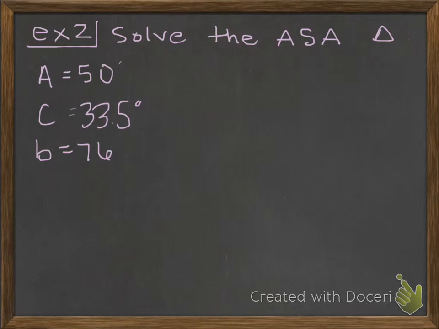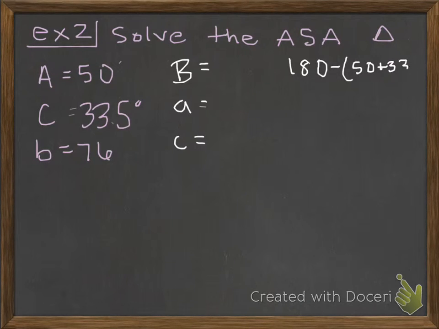So the information that's missing this time is I don't know angle B, I don't know side A, and I don't know side C. So before I can even use the sine proportion, I need to find a matching pair. And the only possibility is my B. I have the side B, so I need to find angle B. So to find angle B, we do 180 minus the sum of 50 plus 33.5.